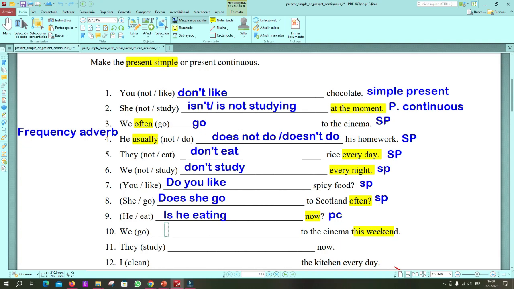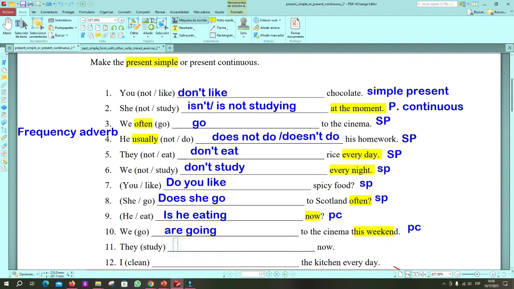And remember that we can use the present continuous for future. So in this case, we can say we are going to the cinema this weekend, right? So we can use the present continuous there.